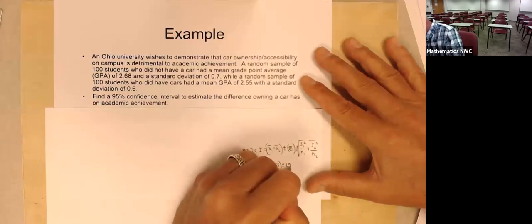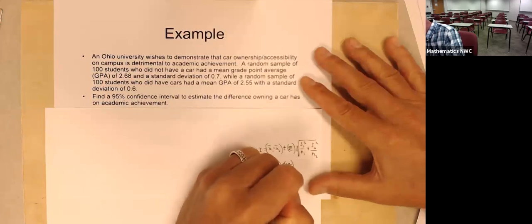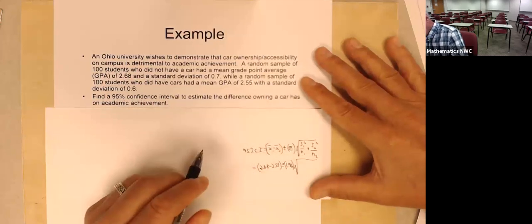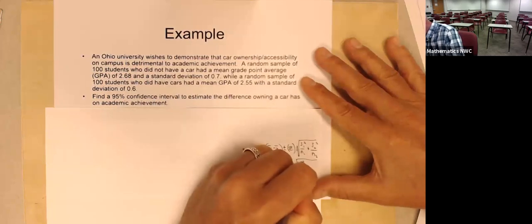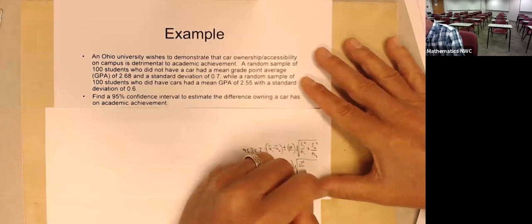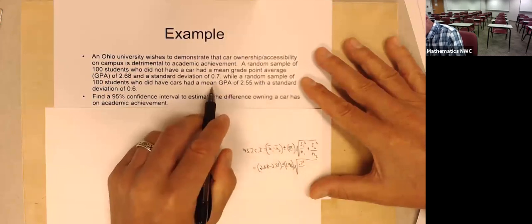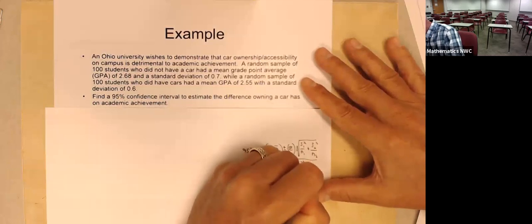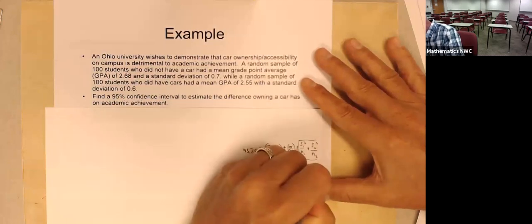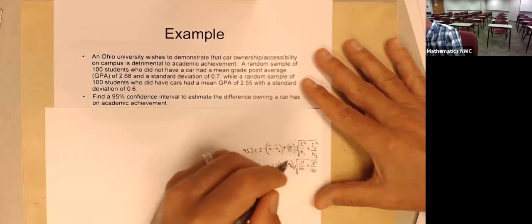95% is 1.96. The first standard deviation was 0.7 over that sample size, which was 100. Second one was 0.6 squared over 100.